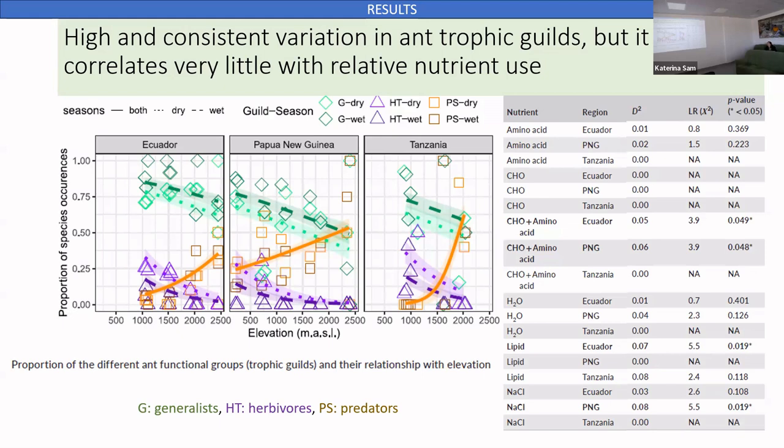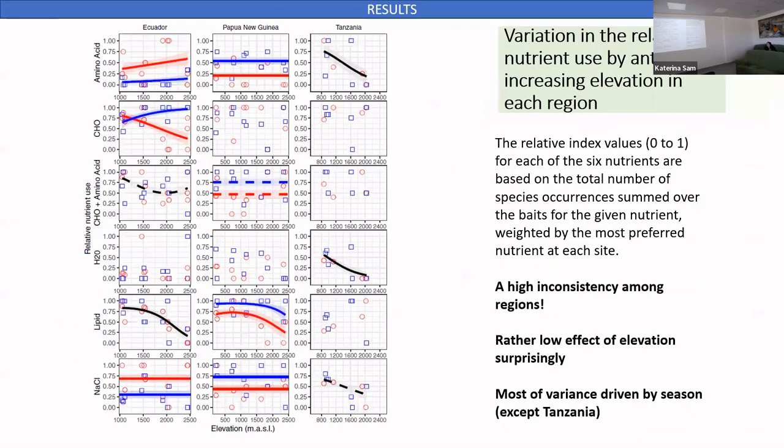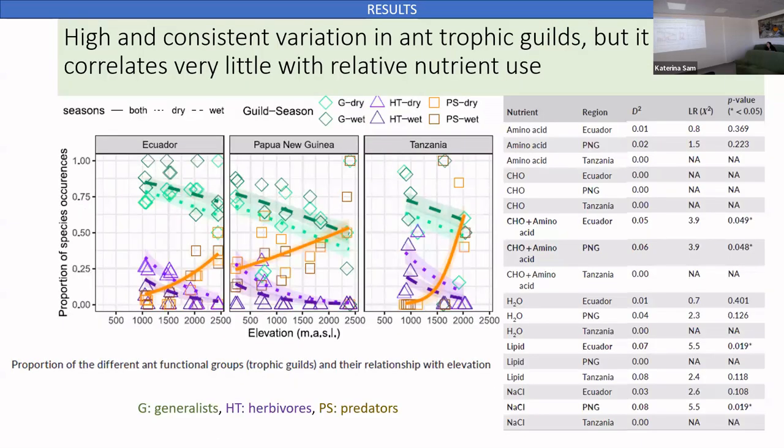It was a super low R square, and except for a few cases with barely significant results, typically only for some super rare ant guild, not a dominant one, we didn't get any effects. So basically the conclusion would be that this hypothesis of Marcel was not correct, and the ants use nutrients differently, but it's completely irrelevant whether there are special predators, omnivores, or whatever.